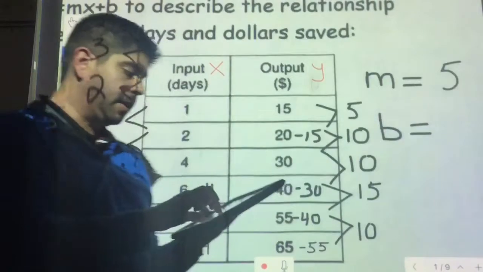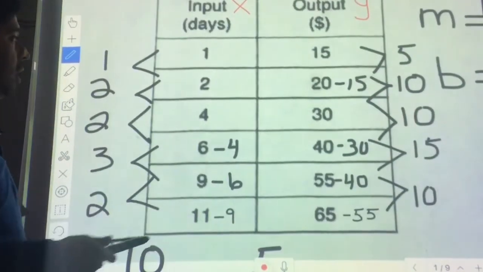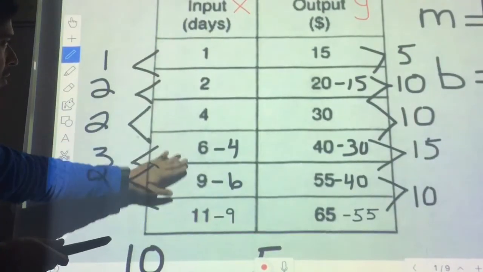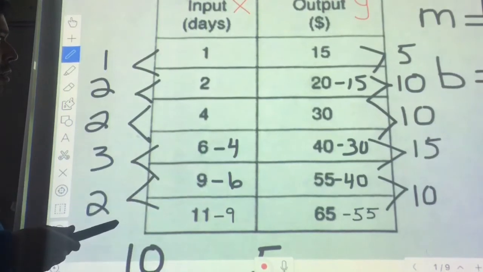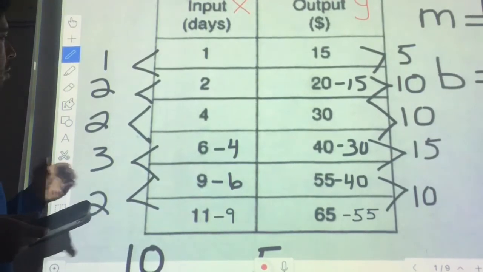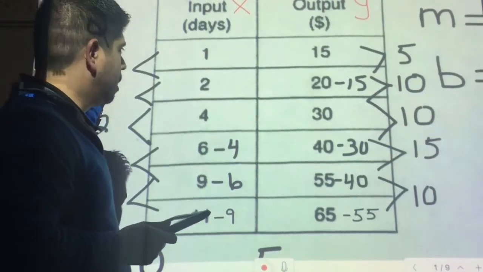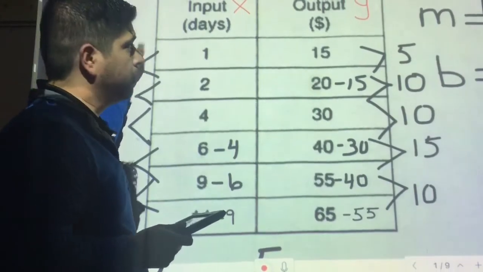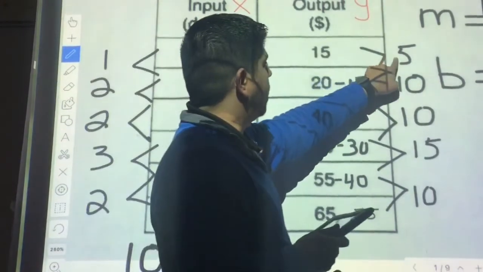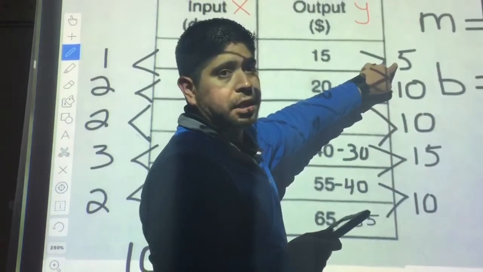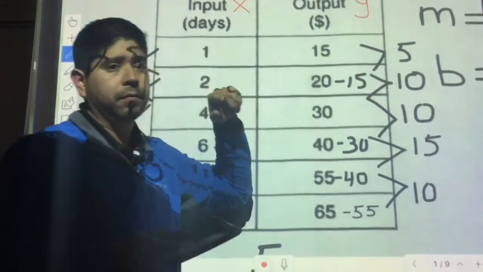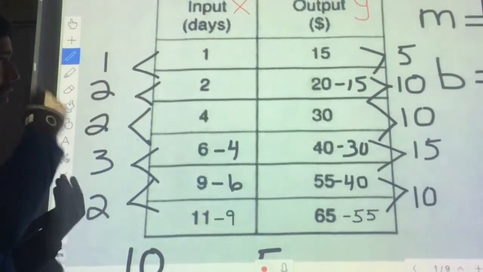Now the y-intercept, I need to find where x is 0. Now there is no 0 going on here, okay? But I do know that for every one of my inputs, my output changes by a difference of 5. Okay, difference in y's is 5.